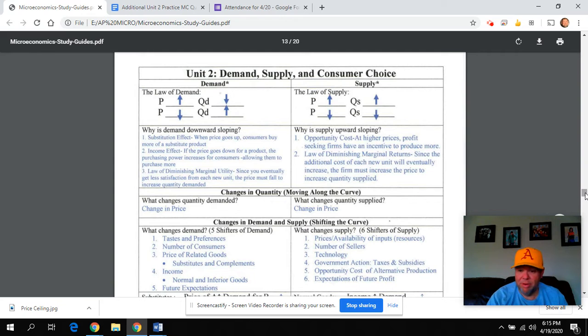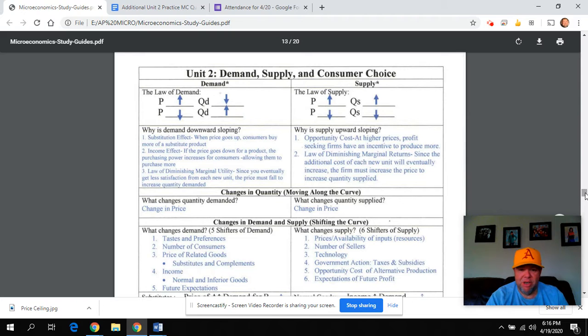Why is demand downward sloping? Remember, you need to know the three reasons why: substitution effect, income effect, law of diminishing marginal utility. With the substitution effect, we'll buy cheaper goods that are substitutes. Income effect: if we feel like we have more purchasing power, we buy more stuff. If we feel like we have less purchasing power, we're going to buy less.